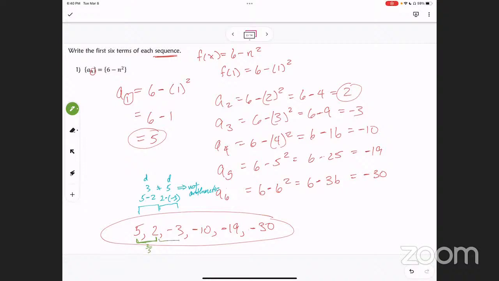And the common ratio here is -3 divided by 2. And are those equal to each other? No. Those are not equal, and that means that it is not geometric. So this sequence is neither geometric nor arithmetic.